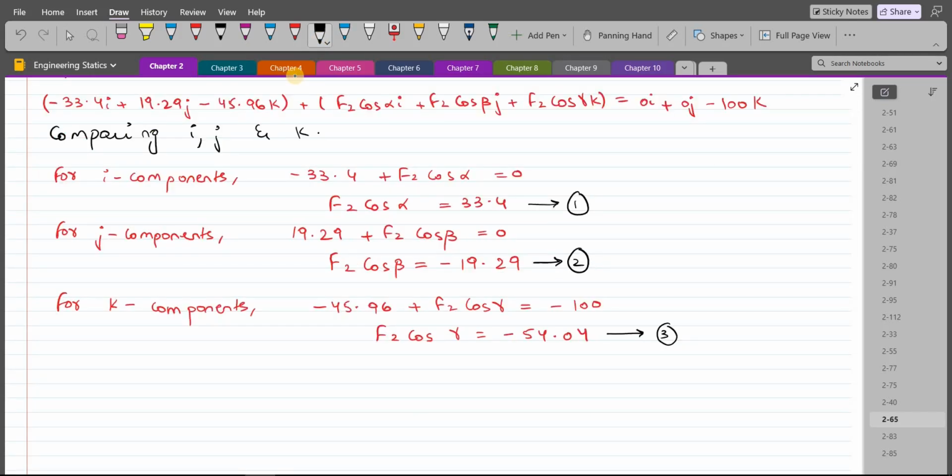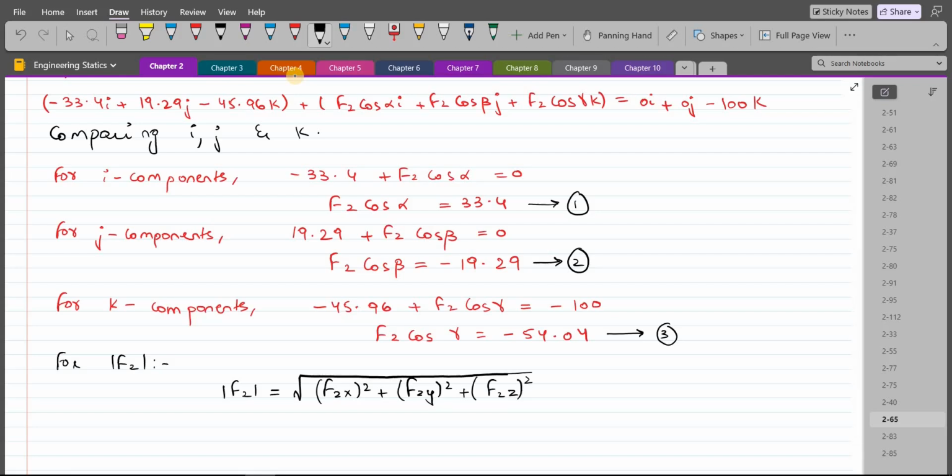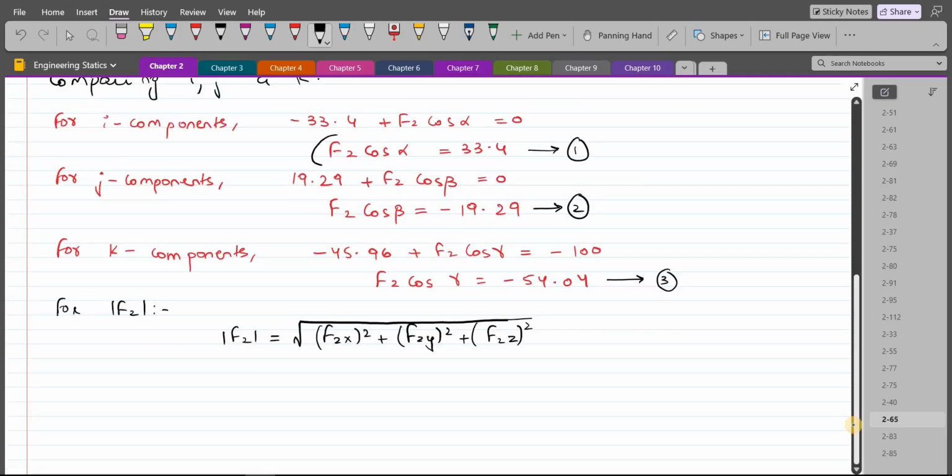Now to calculate the magnitude of the force F2, we can use the Pythagorean theorem. The magnitude of the force F2 is equal to the square root of F2x squared plus F2y squared plus F2z squared. So this is F2x, this is F2y, and this right here is F2z.